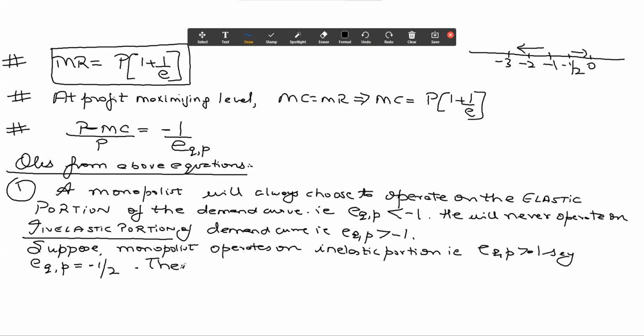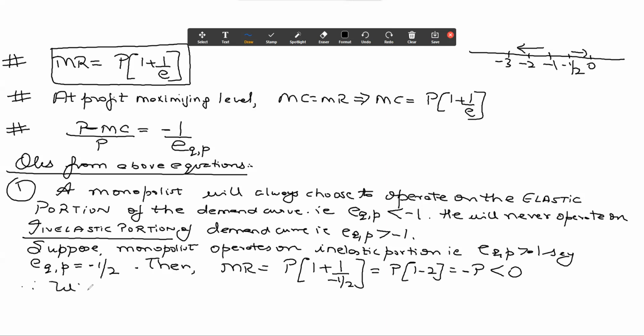Then my marginal revenue will be P into (1 + 1/(-half)), which is P into (1 - 2), which is -P, which is less than 0.